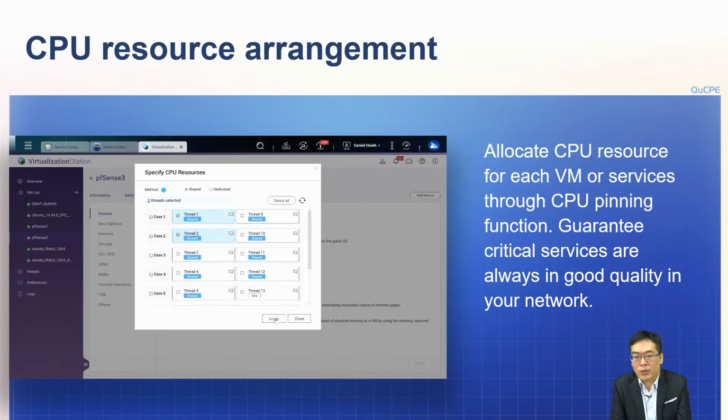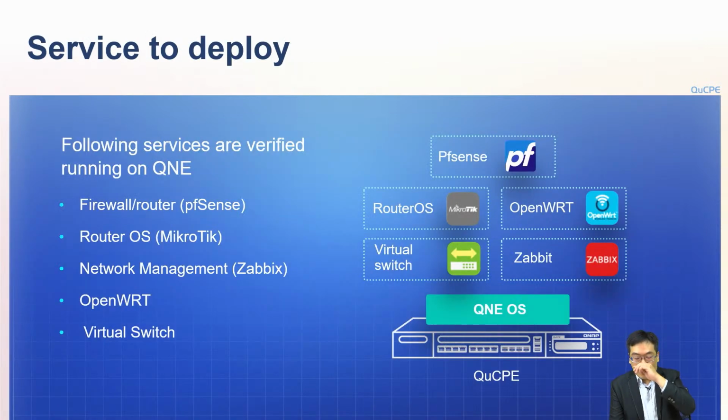Will always give you much better quality of service in your network. And for the kinds of service that we are allowed to deploy on the QRE operating system, we have basically already tested most of the open source VNFs available on the internet right now, like pfSense, CloudOS, OpenWRT, or Zebex.